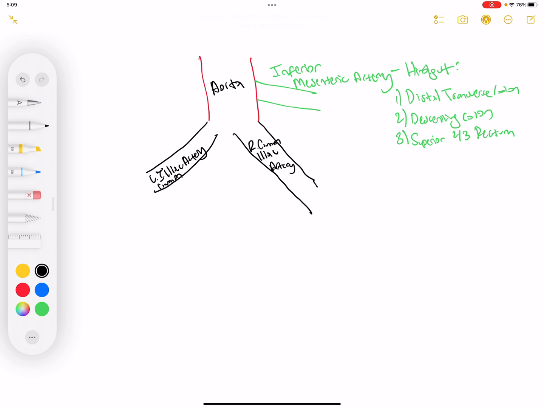So the right common iliac artery is going to split into the right external iliac and the right internal iliac artery.